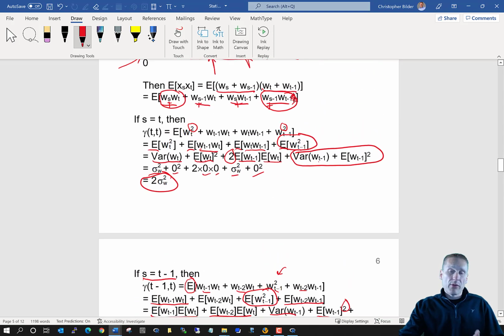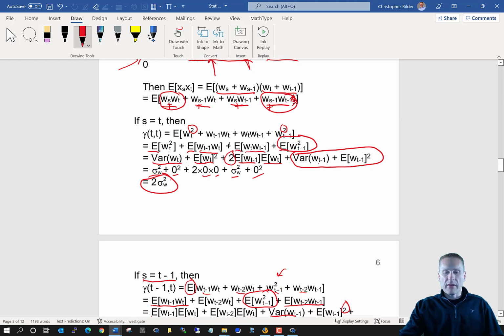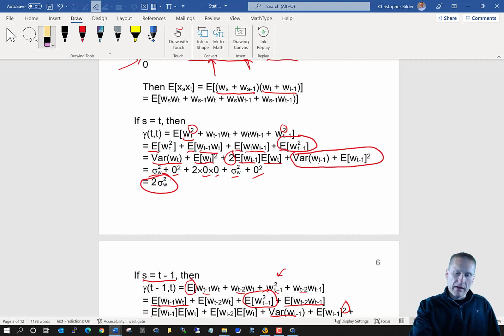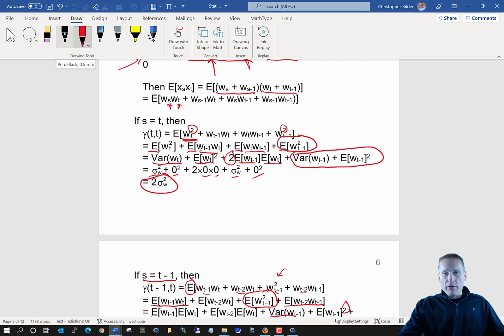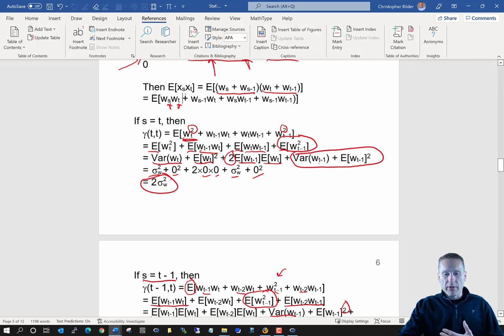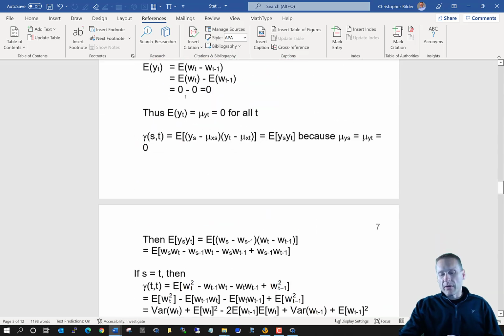So when we were going through this proof for this very simple linear process, the thing that really mattered to us is when the subscripts on these w's would match up. So when s is equal to t, I get w t squared. Otherwise, all the other expected values involving the w's, when the w's didn't have subscripts that match up, those expected values end up being 0 because of this white noise property that we have. We have independence between the w's.